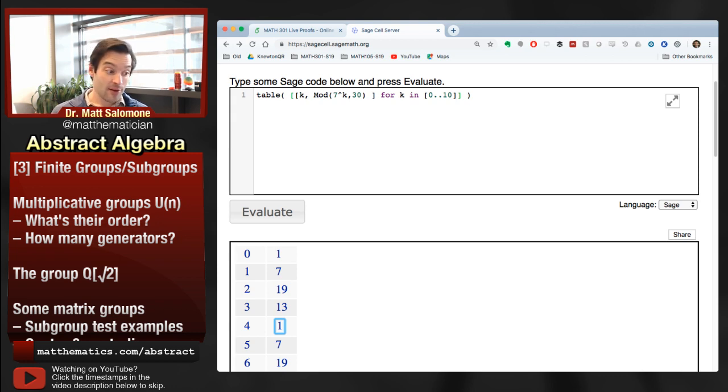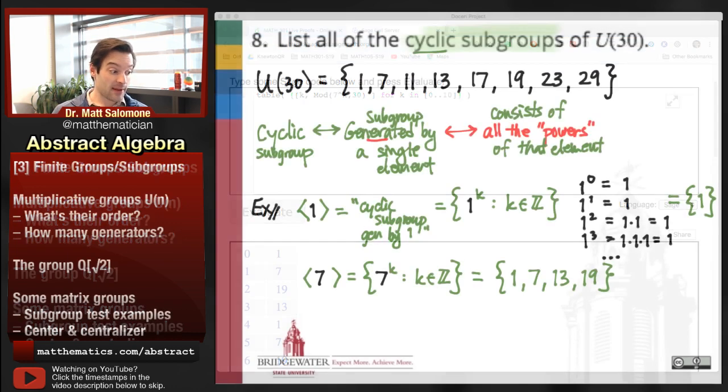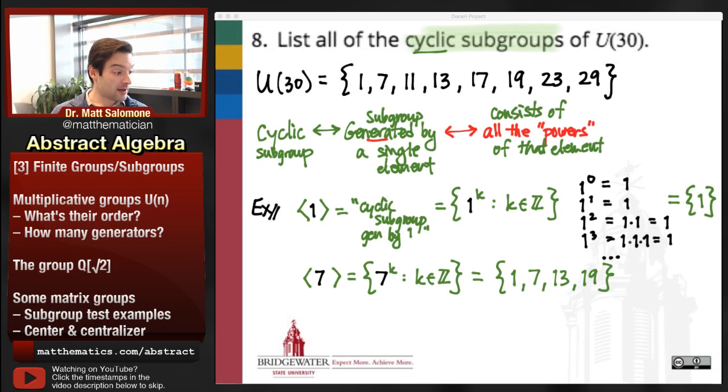So that's something else that we can make an observation about in abstract algebra. 7 to the 4th power is equal to 1 in this group. 1 is my identity element. And so the order of the element 7 is 4. 7 has order 4 in the group U30.